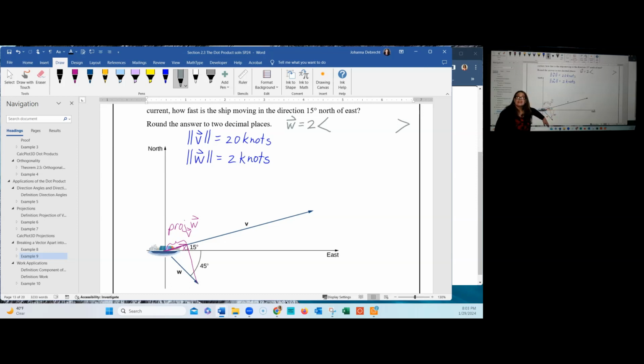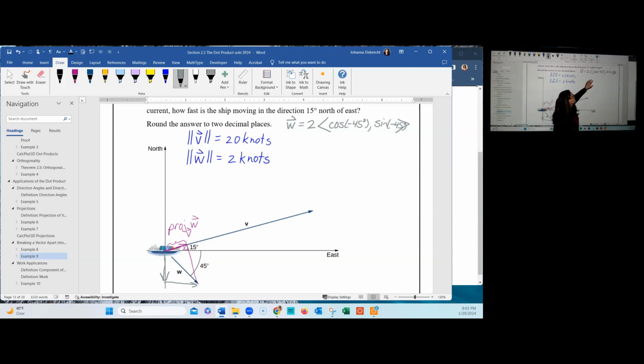But this angle is negative 45 degrees. So in the x direction, of course, I want to move the cosine of negative 45 degrees. And in the y direction, I want to move the sine of negative 45 degrees. So I'm splitting W up into 2 components, the horizontal component and the vertical component, by using the cosine and sine of the angle.